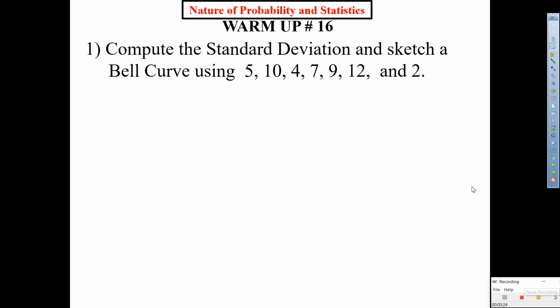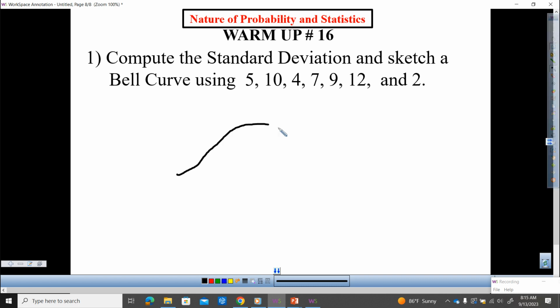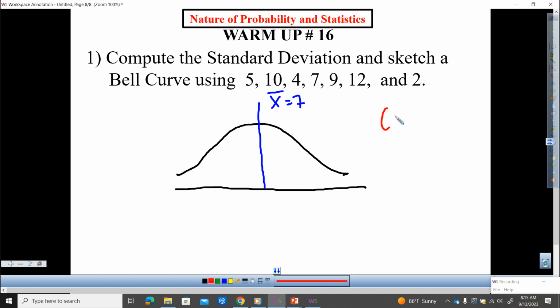All right. So I think we got it. So let me get my bell curve going. All right. So what did you get for the mean, Alex? 7. And have you got that? Also, standard deviation.